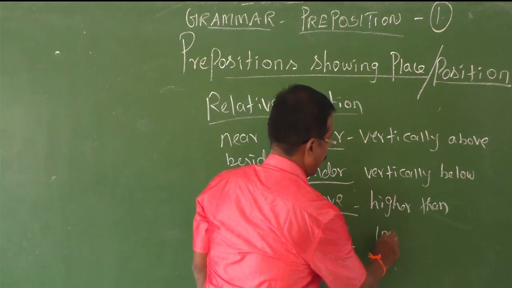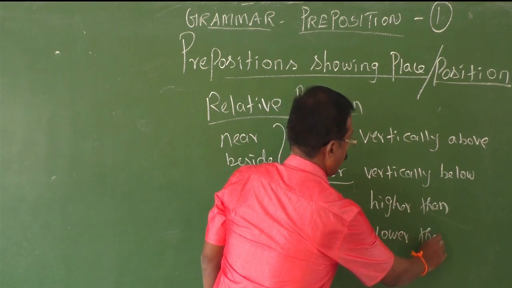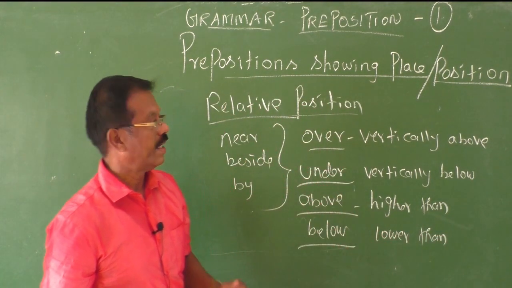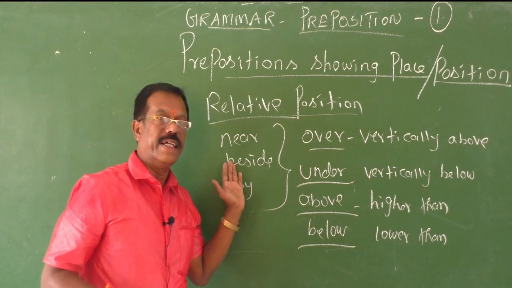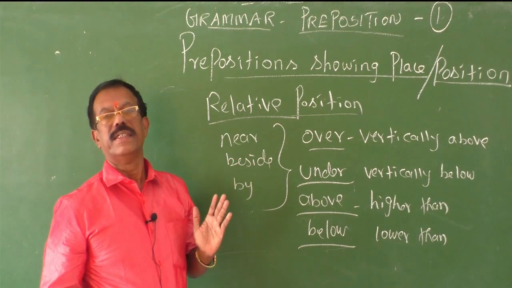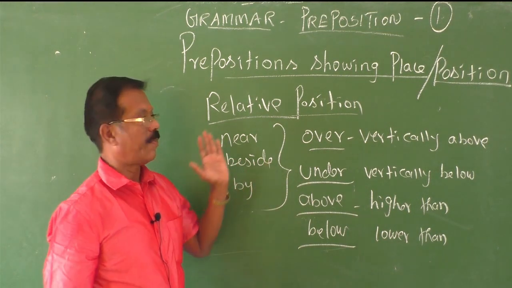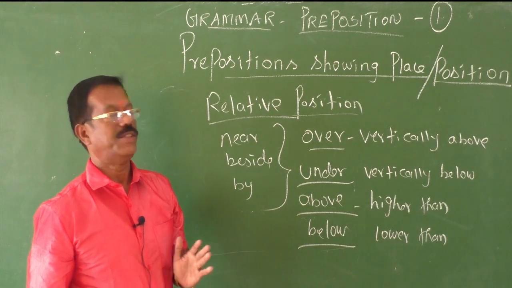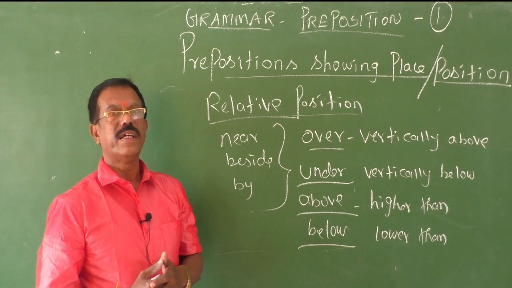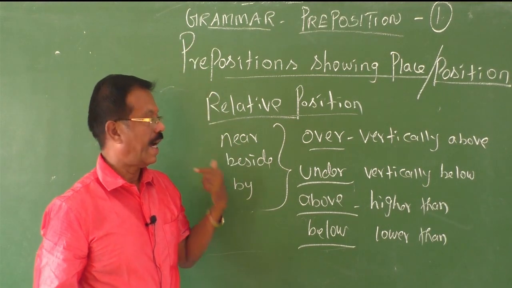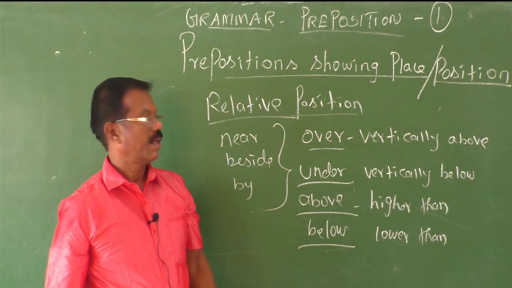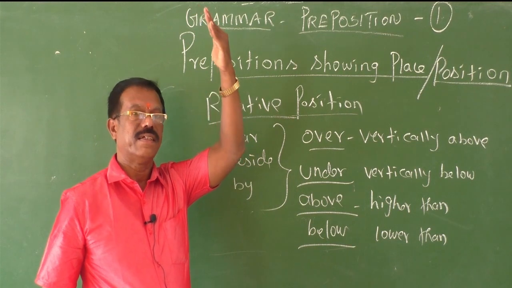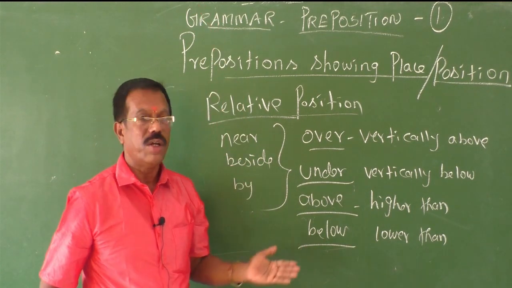Below means lower than. So these prepositions show the relative position: near, beside and by. Almost all these prepositions refer to the same distance from a particular point. And then over, vertically above; under, vertically below; above, higher than; below, lower than.